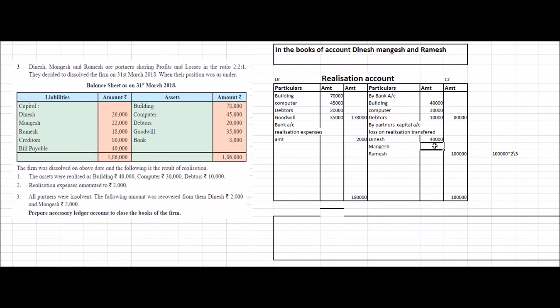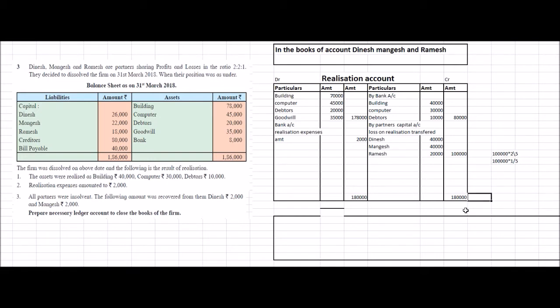And for Mangesh also the same 40,000 rupees. And for Ramesh it is 20,000 rupees. Like 1 lakh into 1 divided by 5, so Ramesh will get 20,000 rupees.